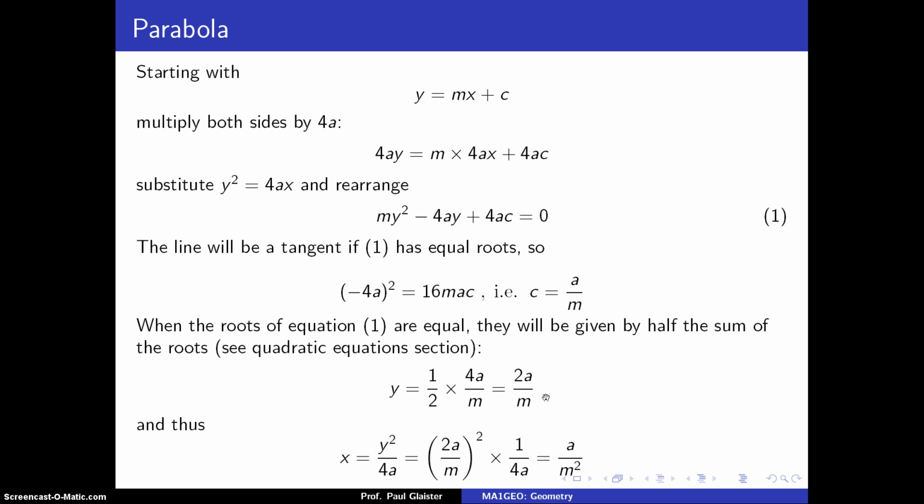You can check that. What I've actually written is the half of the sum of the roots, and if both roots are equal, they are this value here, determined by solving equation 1 in the case c equals a over m. We can then work out the x coordinate from either the equation of the straight line or the parabola, and this last line tells me that x is a over m squared.